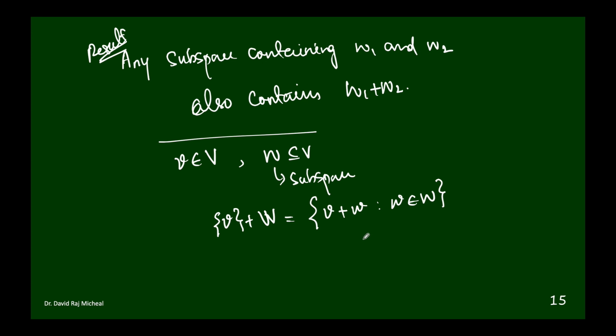That can be easily proved. This is usually written as just small v plus W. There is a name for this kind of set, it is called a coset. So this is the definition of a coset, in fact, the coset containing small v.